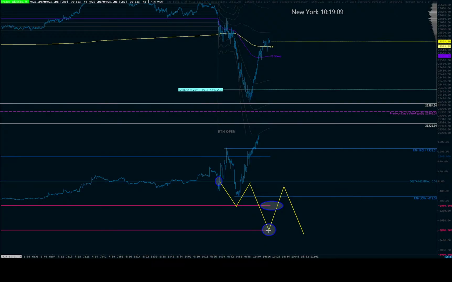Just trade either a counter trend trade on a 2K or a with the trend trade at delta neutral or off of one of the K levels.